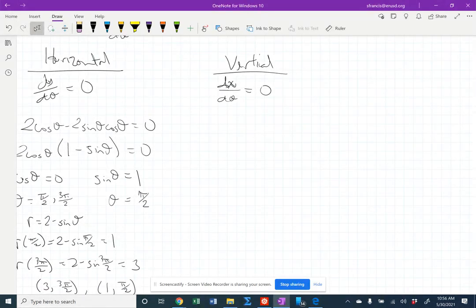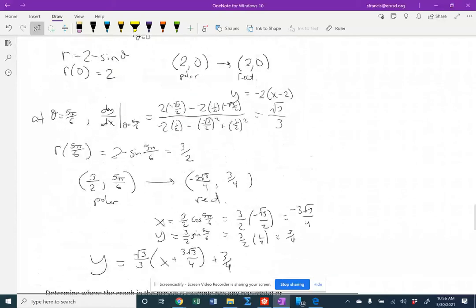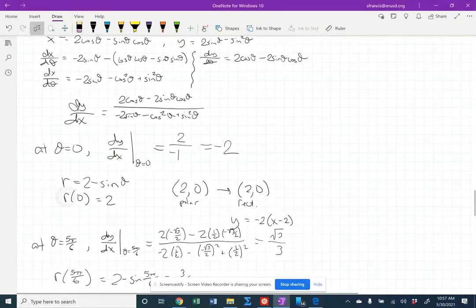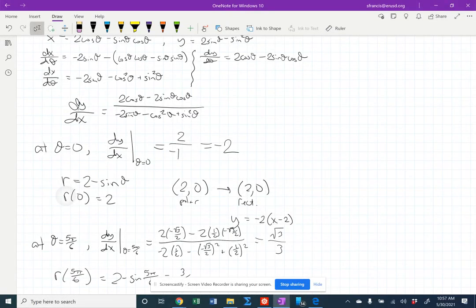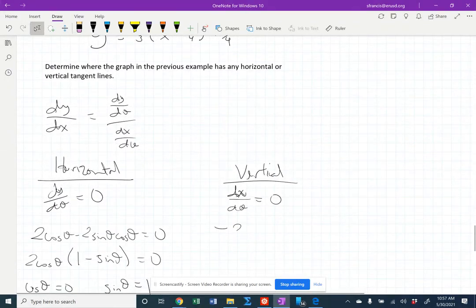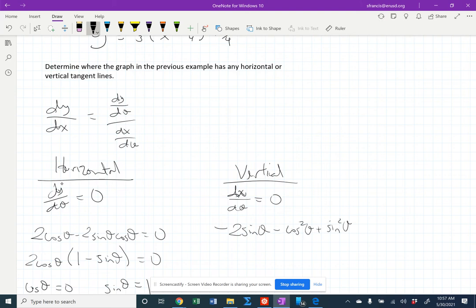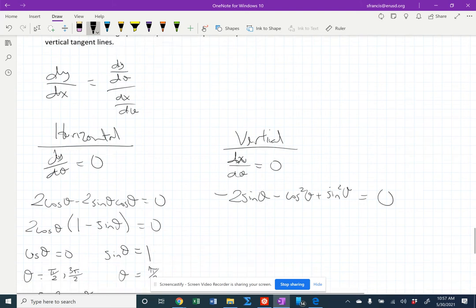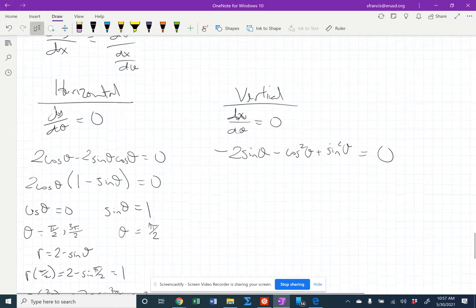And for the vertical tangent lines, I need dx over d theta. So negative 2 sine theta minus cosine squared theta plus sine squared theta is equal to 0. So let's get everything in terms of theta.